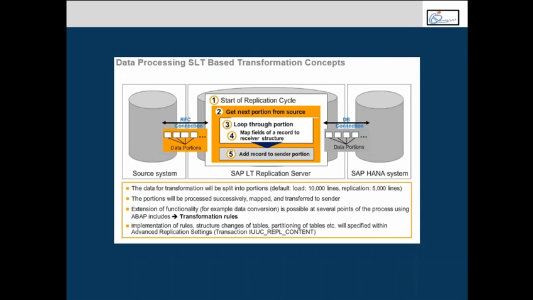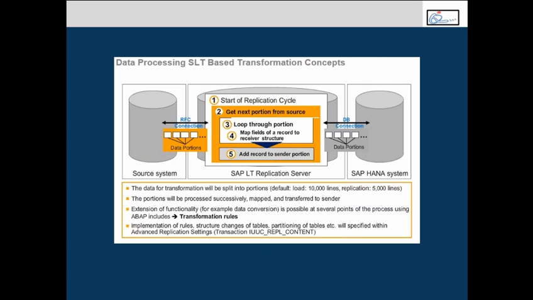Now, like in BW, when you write transformations, you'll have start routine, end routine, and field level rules. When you process your data, it is processed in the form of data packets. If you're loading 1 lakh records and your packet size is 5,000, for each 5,000 records it formulates one packet, and the packet is processed.